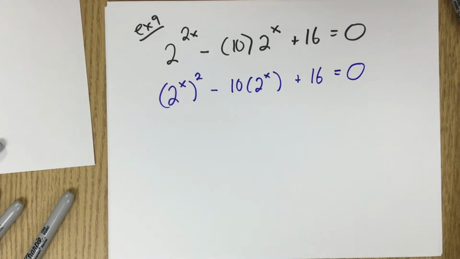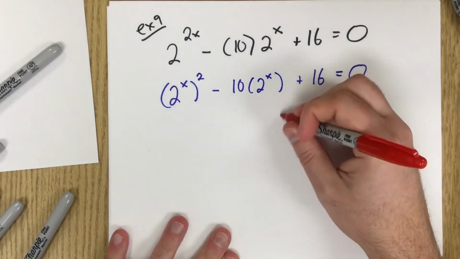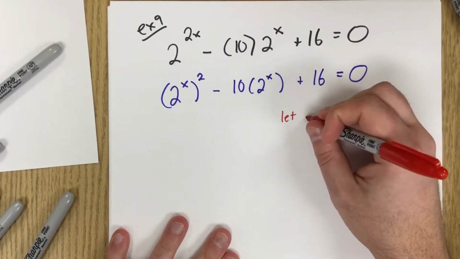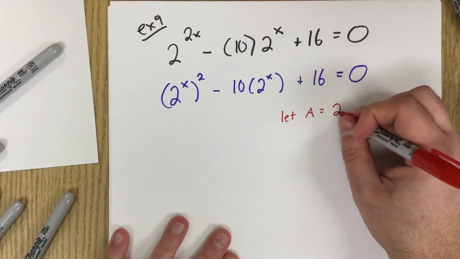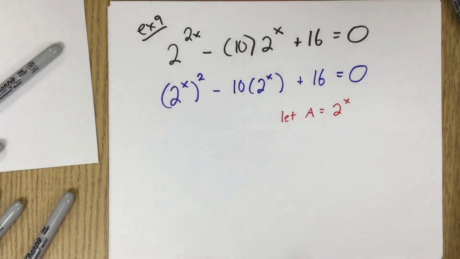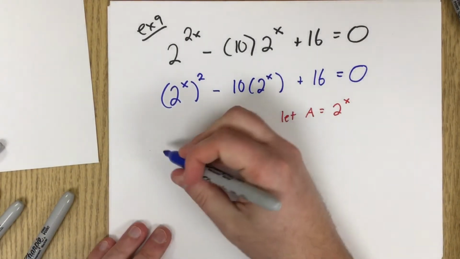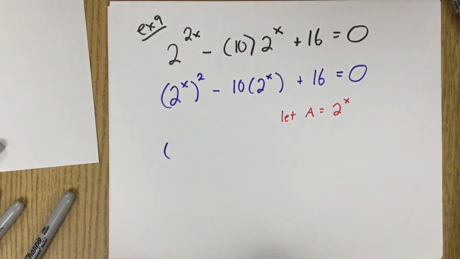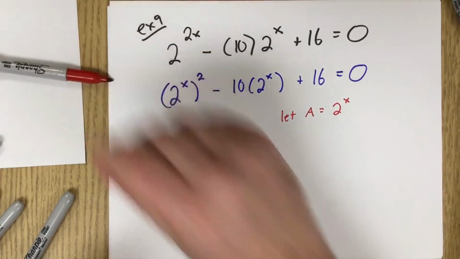But now I'm going to do something pretty special here. I'm going to do a substitution. I'm going to let a, some random letter, be equal to 2 to the x. So what happens now is 2 to the x just becomes a.